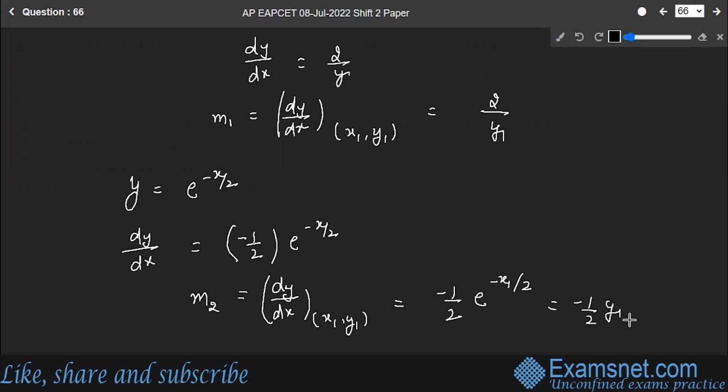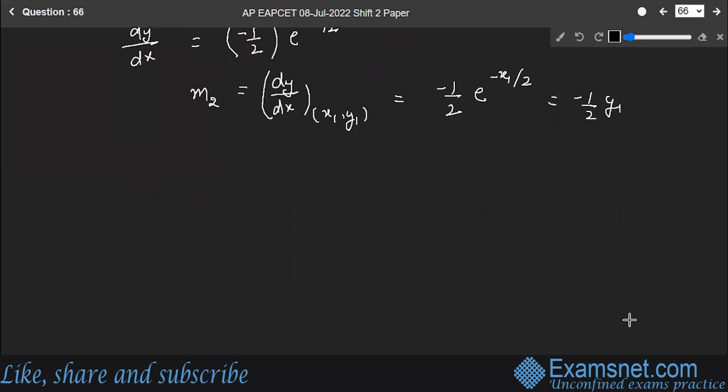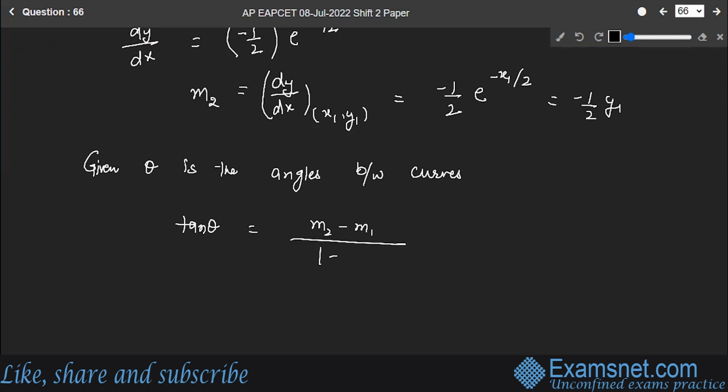Now you are given that theta is the angle between the curves. So what is tan theta? That is equal to the modulus of (m2 minus m1) upon (1 plus m2 into m1).